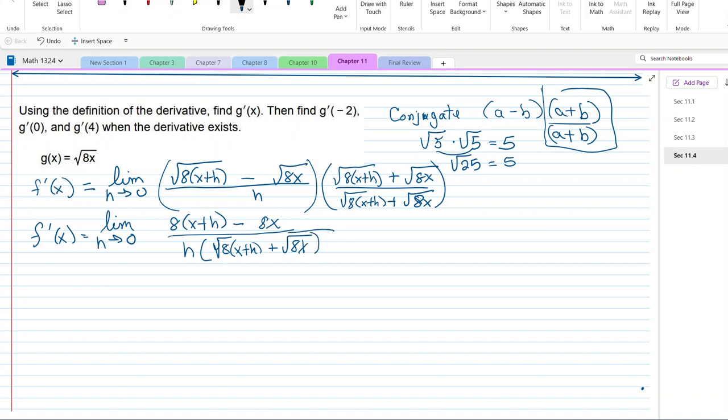Right, so I'm going to do the distributive property. Okay, I want to take care of the additive inverses. Left with 8h. So here I go.